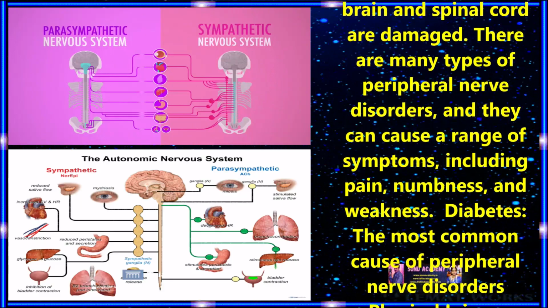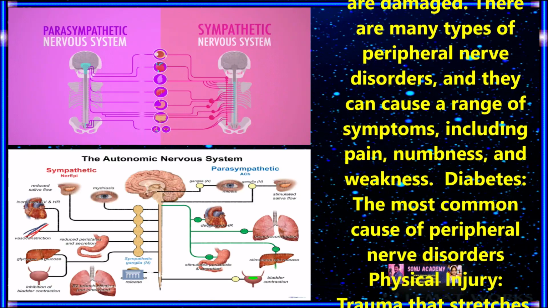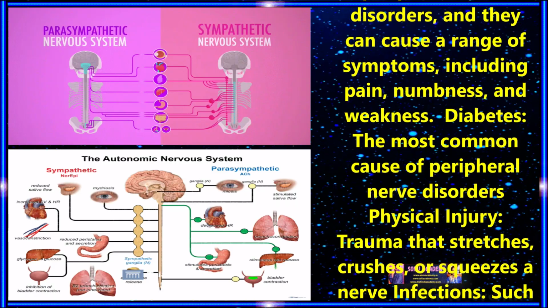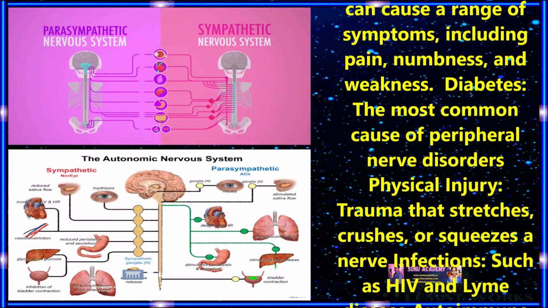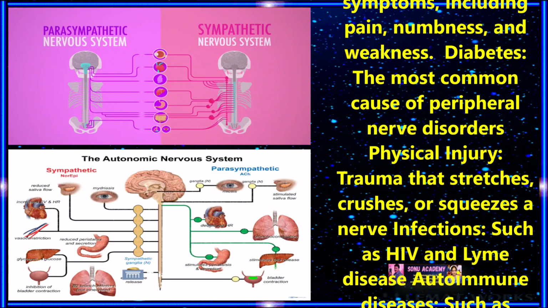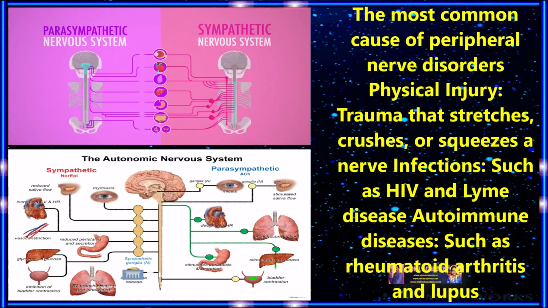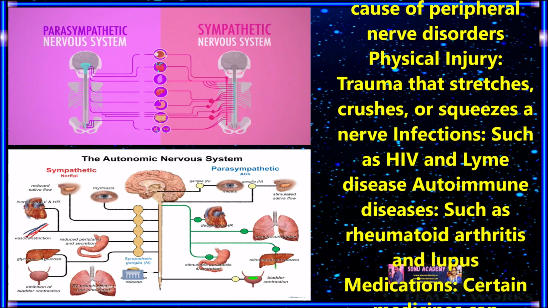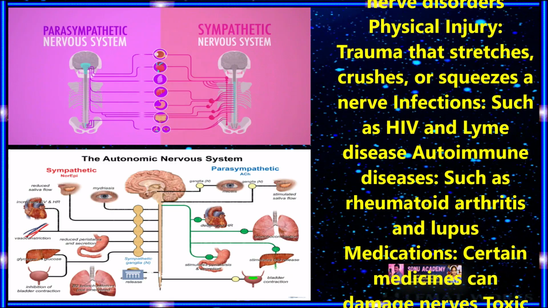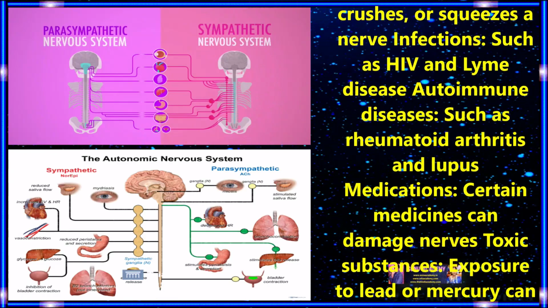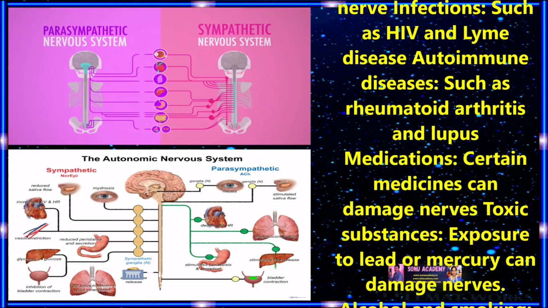First one is diabetes. Diabetes is the most common cause of peripheral nerve disorders. Second one is physical injury, trauma that stretches, crushes, and squeezes a nerve. Then infections, such as HIV and Lyme disease, and autoimmune diseases such as arthritis and lupus.